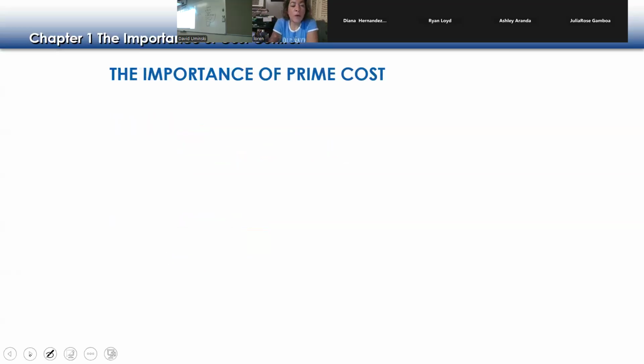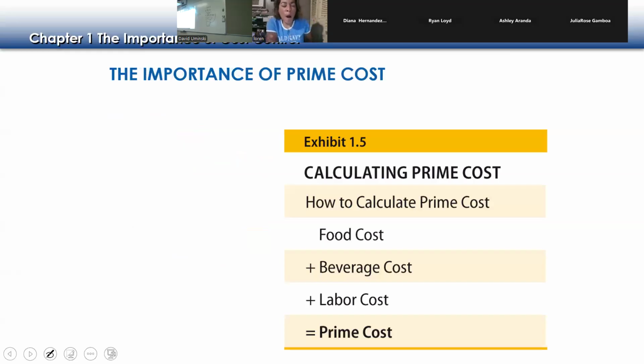So to do that, prime cost is food, beverage, and labor. That is equal to our prime cost. Food cost, beverage cost, and labor cost.